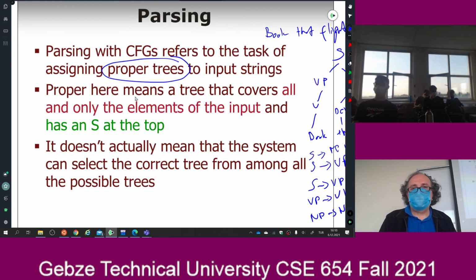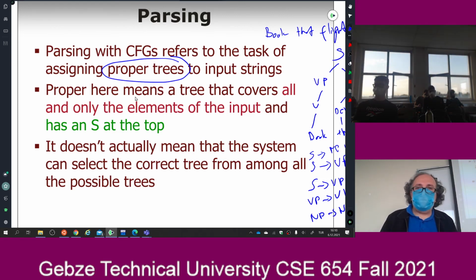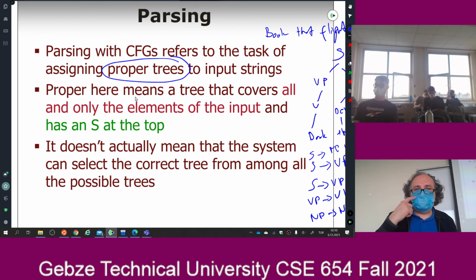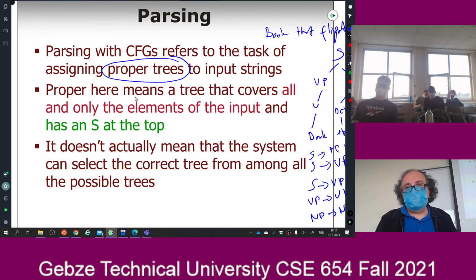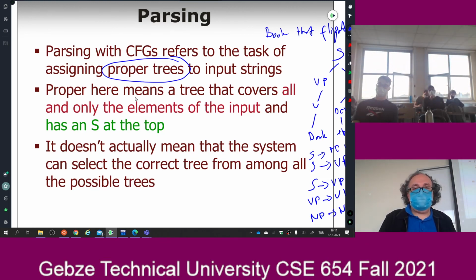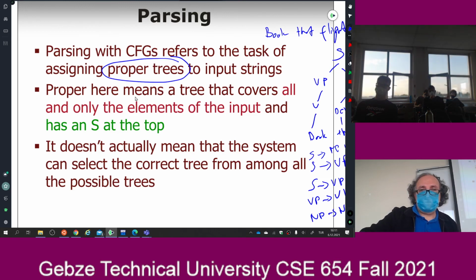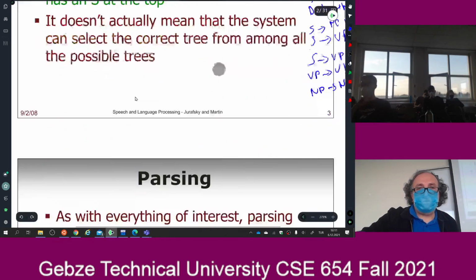Disambiguation is something else. So we are going to pass all the parse trees one level up, maybe to semantic analysis and that kind of stuff. But it doesn't actually mean that the parser can select the correct tree from them.